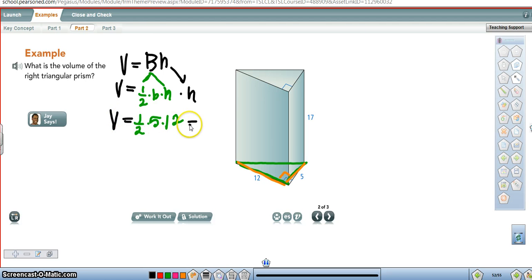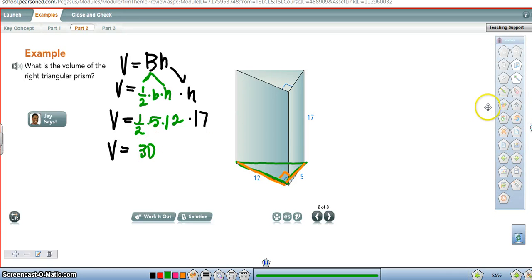After we calculate in green here the area of our base, which is a triangle, we're going to need to multiply everything by the height of the whole prism, in this case, which is 17. Okay, well, half of 5 times 12. 5 times 12 would be 60. Half of that is 30.